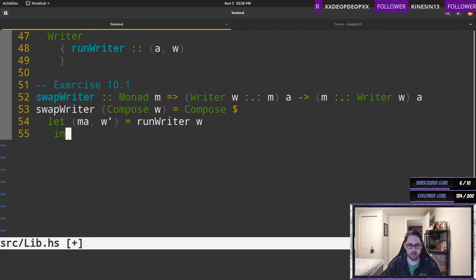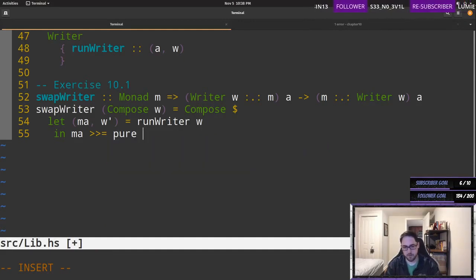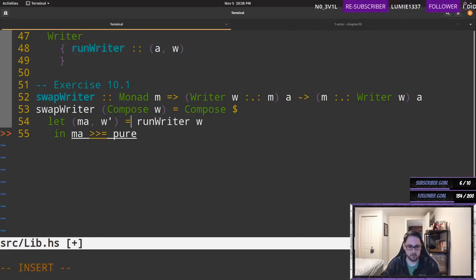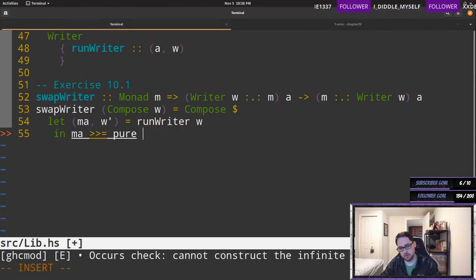So this is really a monad of A. So we're going to embed the monad. And it's actually like this. Hmm.